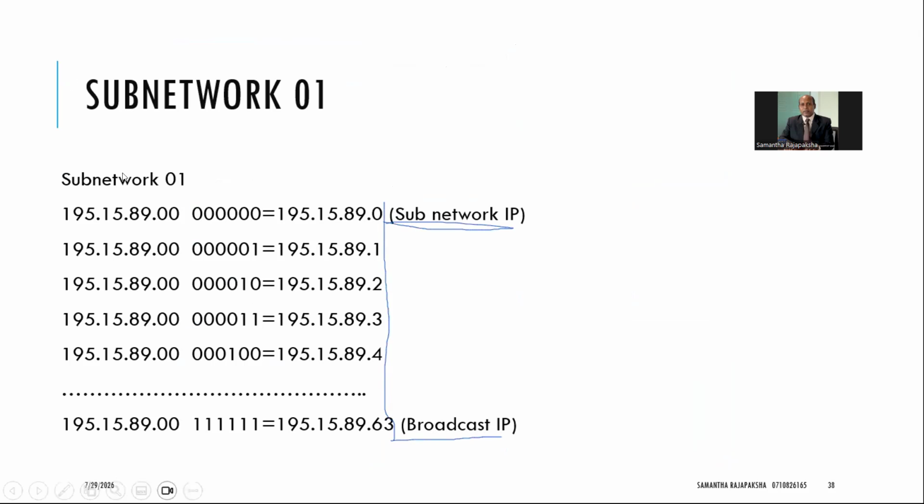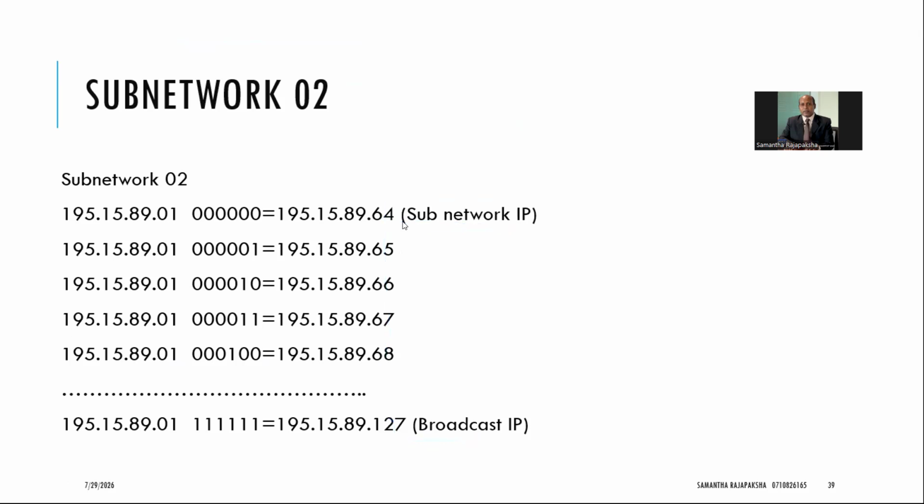Subnetwork 2 starts with 64 to 127. The first one is the subnet ID, and the last one is the broadcast IP. That way you can create the subnetworks with equal size division.